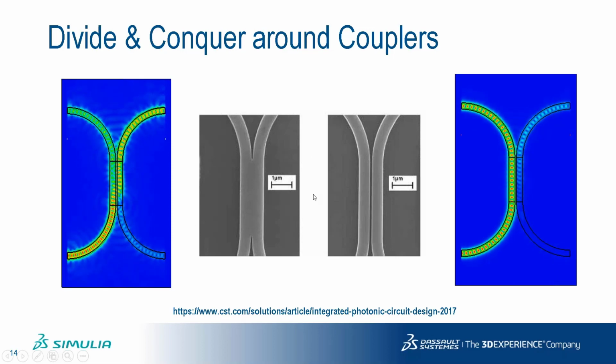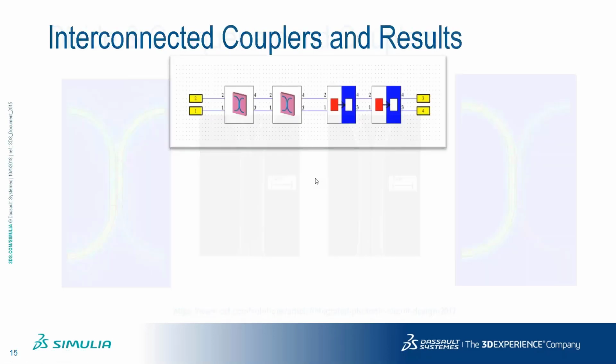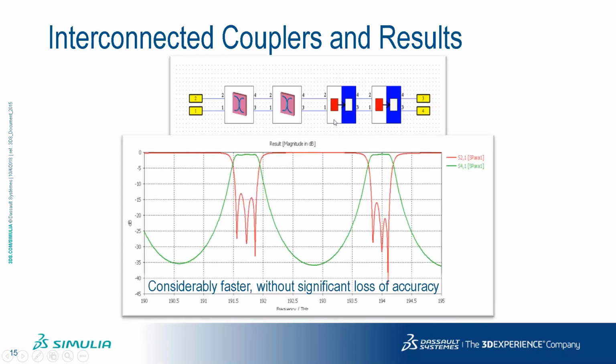You can calculate that, and then you can calculate the result by using the built-in circuit solver. So you can see the two couplers here, and these images on the right represent clones or copies of the couplers, so it's a symmetric filter in this example. And then you see you get very similar results, but considerably faster.